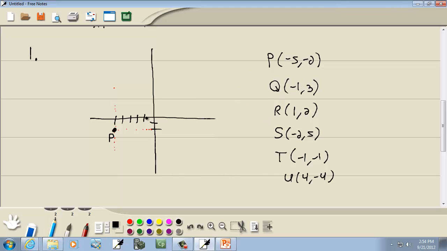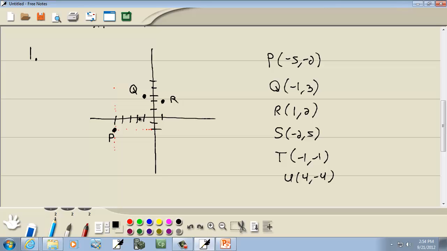Now Q is -1, 3. So I go to -1, 3, and that's going to be our Q. Now R is 1, 2. So 1, 2 would be right there. And S is -2, 5.